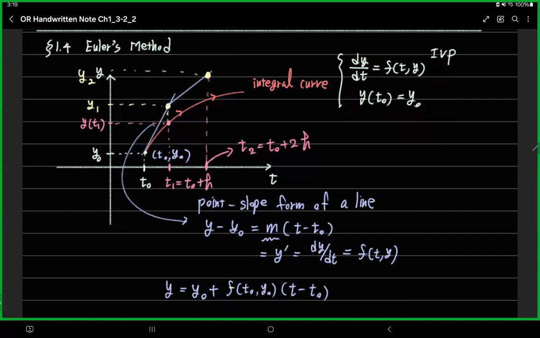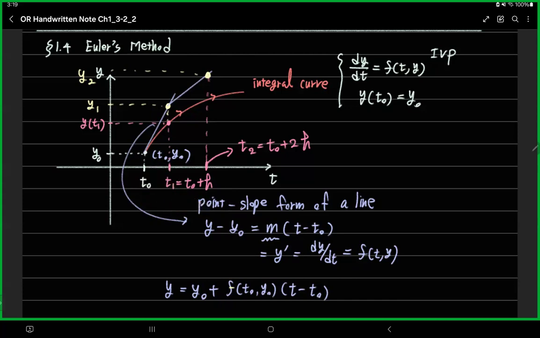Okay. So what are we gonna do? We're gonna chop the time interval. So here, starting from the initial time, t sub 0, and then let's say t1 is t0 plus h. h is just the difference between t0 and t1.